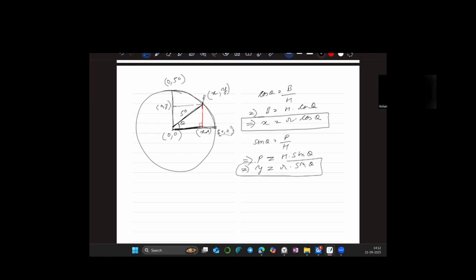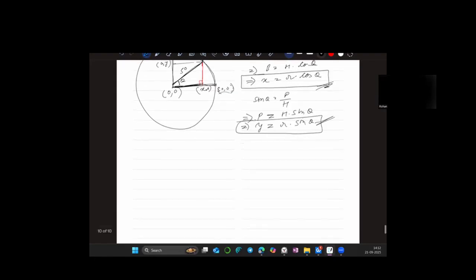So we found a formula in terms of the radius and the angle to calculate the coordinates of any point within the circle. So we're going to use these two formulas to find the coordinates and draw the circles at those coordinates.